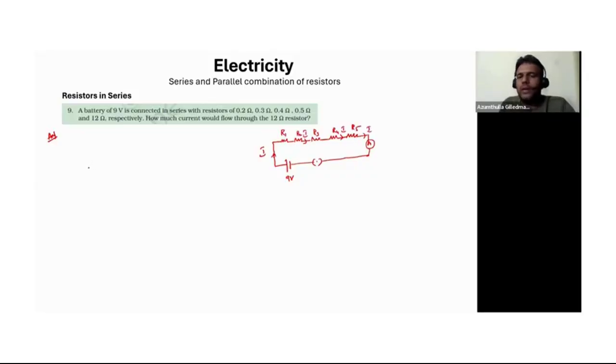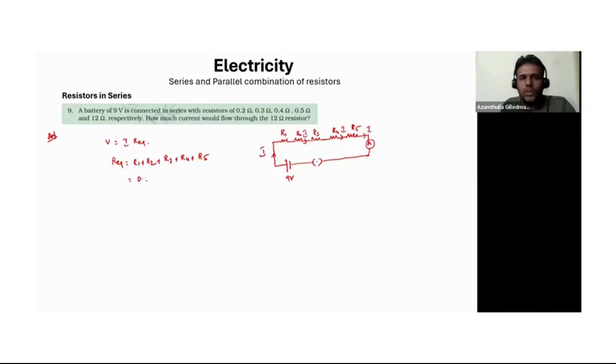First, I need to find the current that is flowing. So V equal to I into R equivalent, then I'll get the current in the circuit. What is R equivalent here? R equivalent equal to R1 plus R2 plus R3 and so on, there are 5 resistors, so all the resistances you need to add.